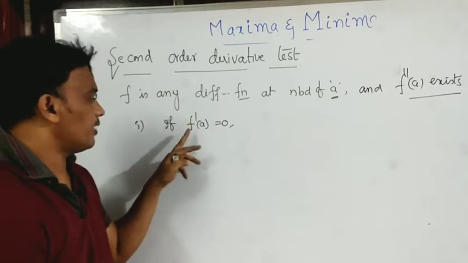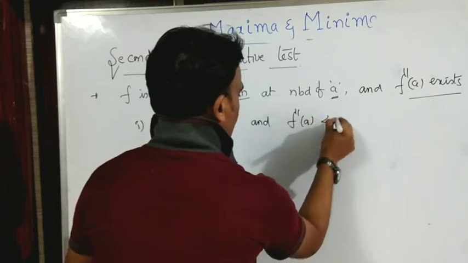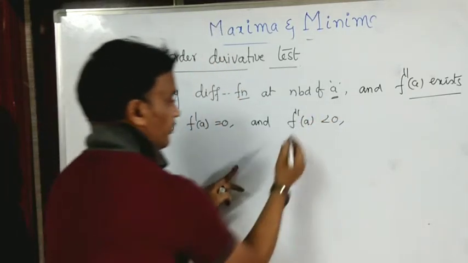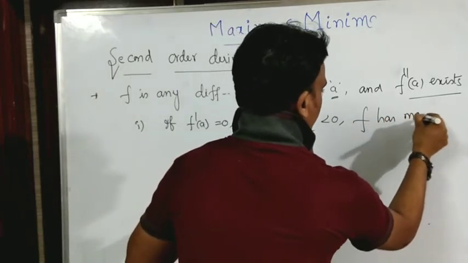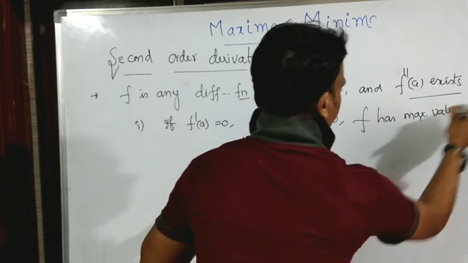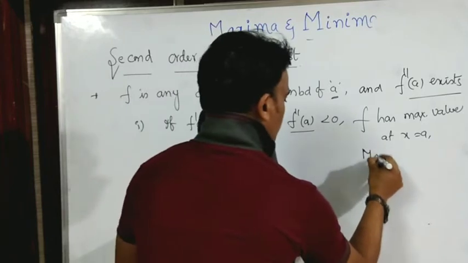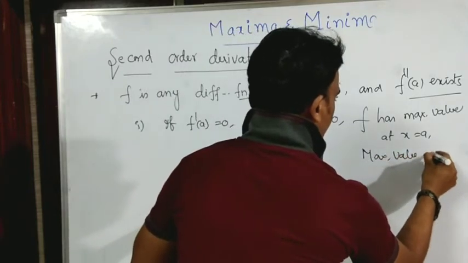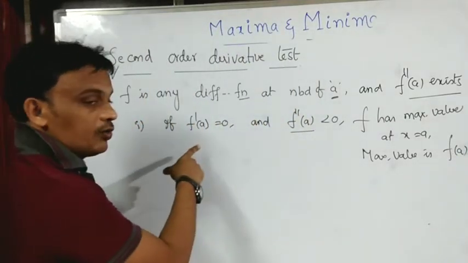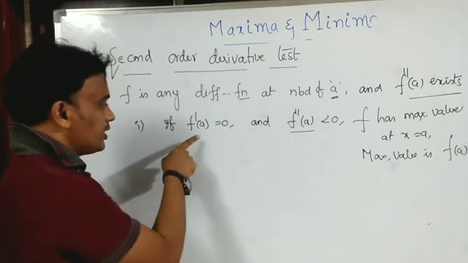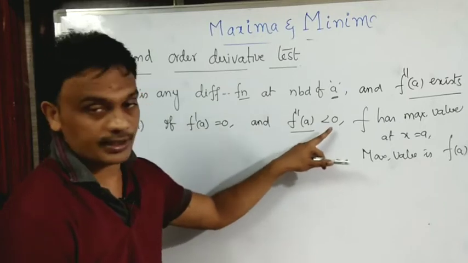At that point the derivative becomes 0, and if f double dash of A is less than 0, then I can say f has a maximum value at x equals A, and the maximum value is f of A. I mean, at that particular point its derivative becomes 0, which is a stationary point, and its double derivative is less than 0.